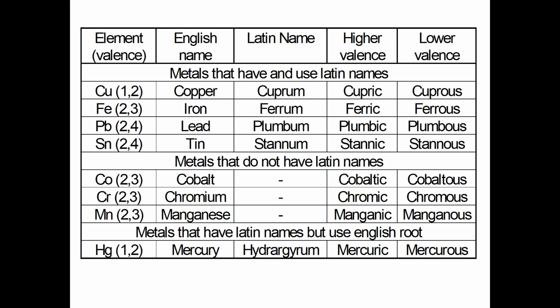That's one of the disadvantages of this, and that is why it's no longer used. Like I was telling you, chemical companies still use ferric and ferrous and cobaltous and cobaltic and things like that, but we don't use it officially anymore.